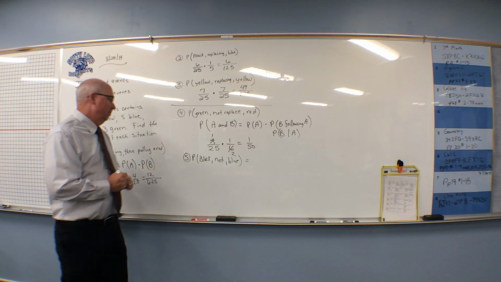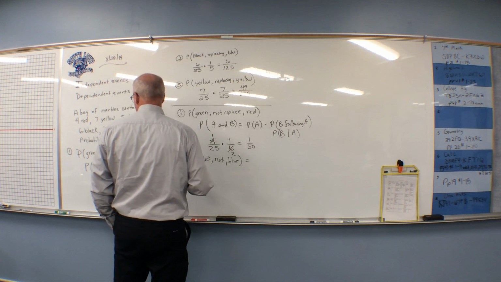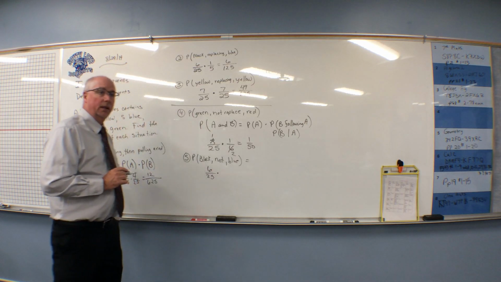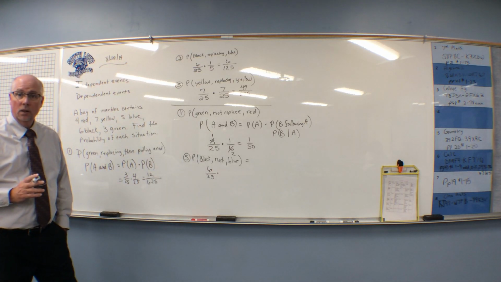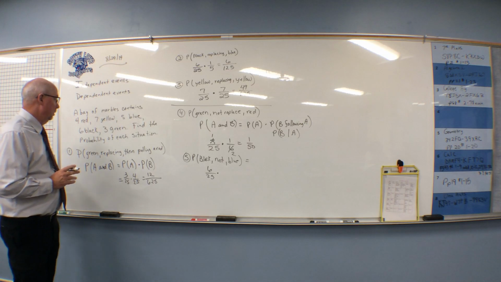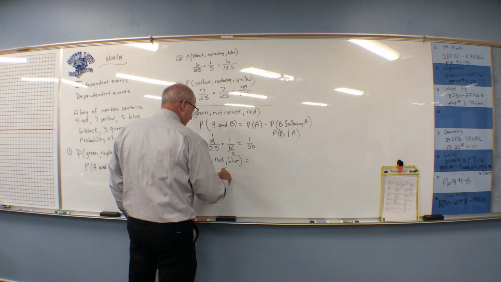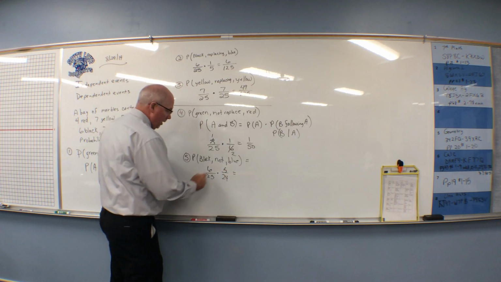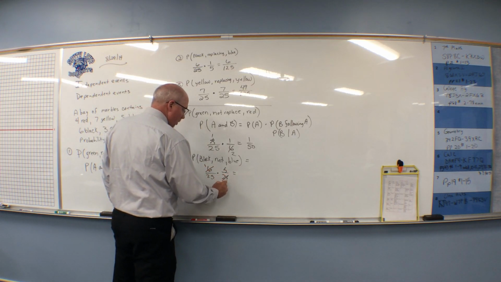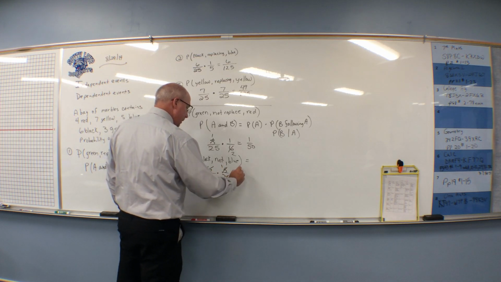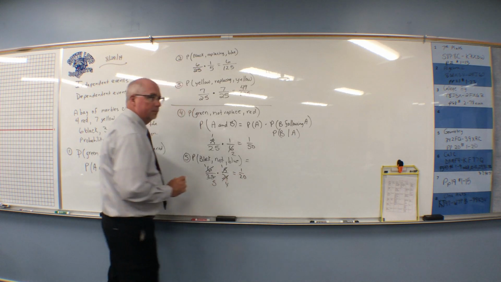Ireland, what's the probability of black? 6 over 25, cannot simplify that. Times, what's the probability of blue? Bryant? 5 over 24. Doesn't look like we can simplify that, but look at this. We can cross cancel this 1 and 4. We can cross cancel this 1 and 5. So in reality, it's 1 over 20.